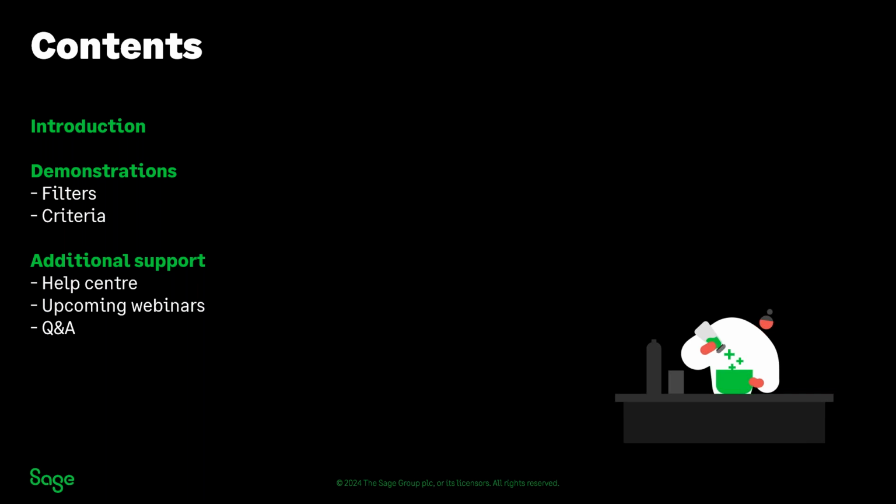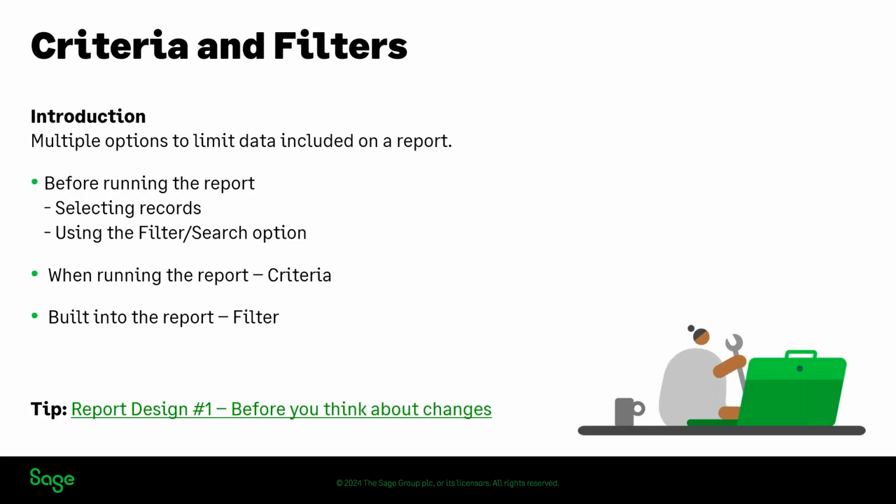So just as a little bit of an introduction to filters and also criteria, it's basically, and you've probably found yourself in this position as well, when you run a report and there's actually too much data on there. Now, there are a few options for that, so criteria and filters.